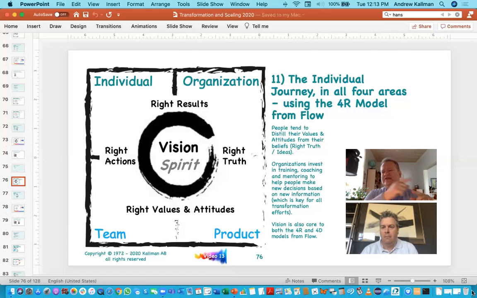And this actually connects over to the 4D model that we'll be going through, because we actually have a copy of Bob's picture where we go through the inform act cycle, which includes the 4D model. But you could also substitute in there the 4R model, because they're mirror images of each other. So this is an absolutely perfect example for this tile.